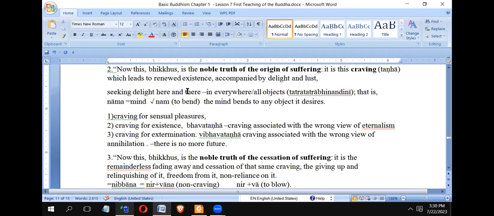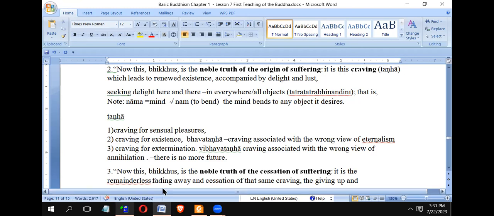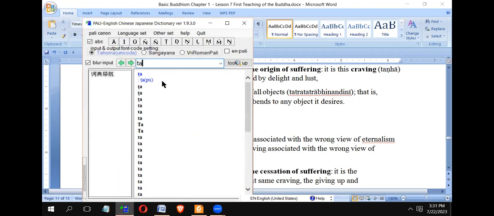Yeah, but the main thing is this craving is the one that leads to renewed existence, ponobhavika, seeking delight here and there, everywhere. And this craving, tanha, is a very nice Pali word. You can also learn from Sanskrit. Sometimes when I teach Pali, I like to learn from the Sanskrit.